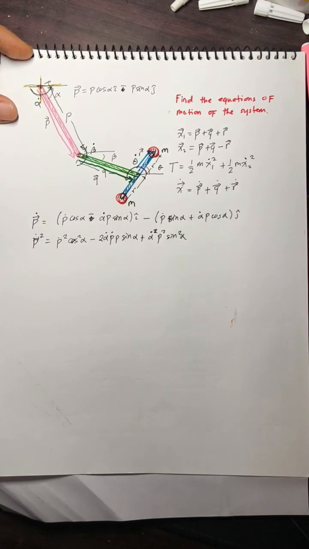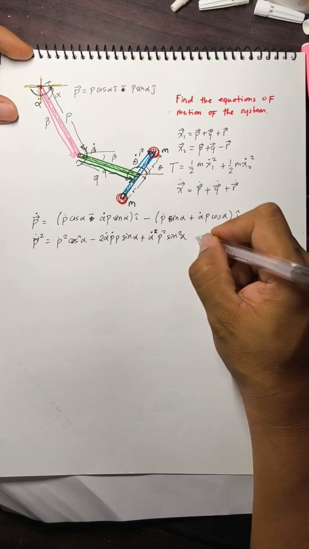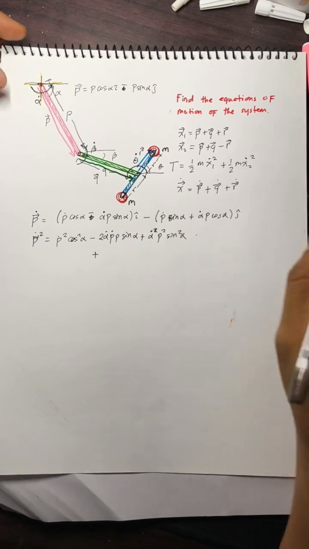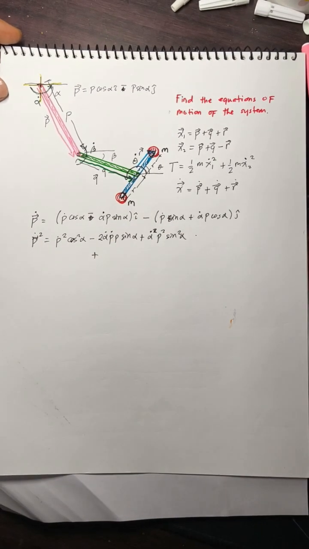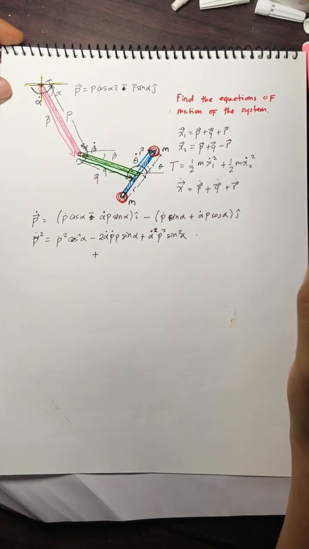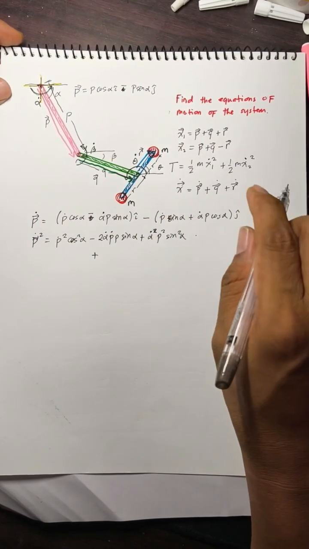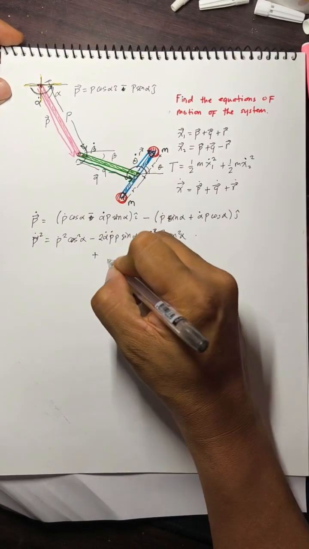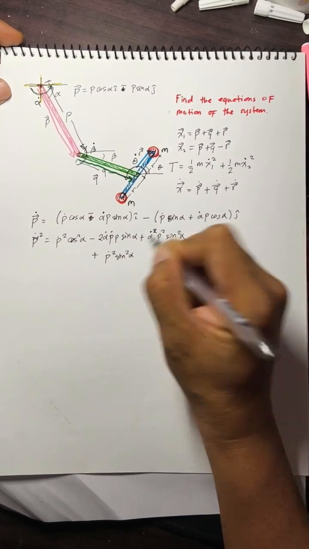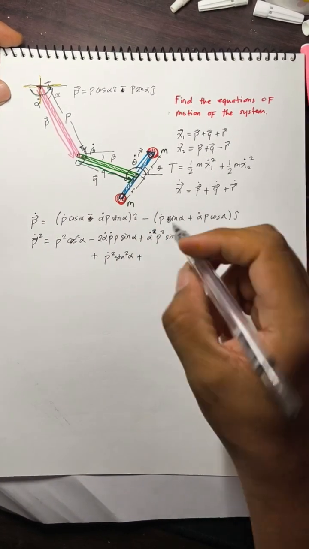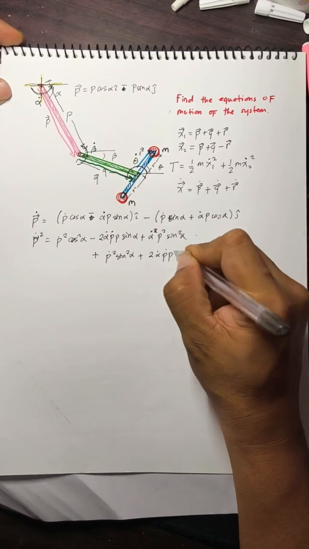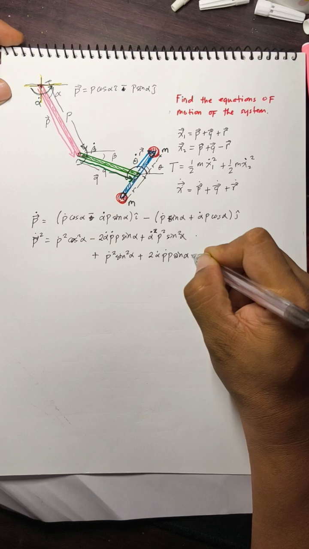sine squared of alpha, and we have here, plus, right in the second line, we would have now the square of this, which is p dot squared sine squared alpha plus 2 alpha dot p sine alpha.